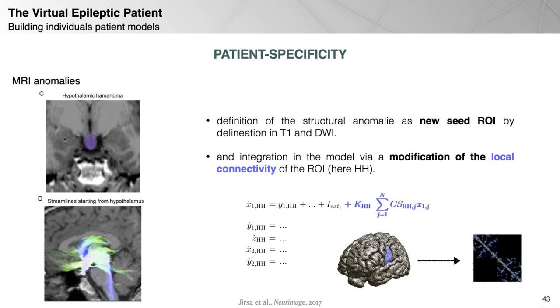This anomaly is reconstructed via the pipeline and integrated into the equations here. So this is the state equation for the hypothalamic hamartoma here, and on the first variable, we integrate the local connectivity of the node.